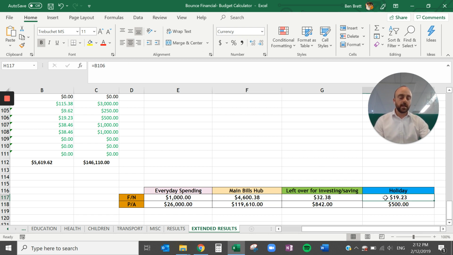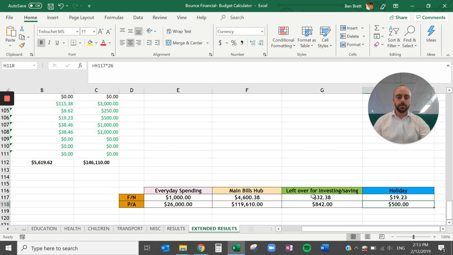We also like to recommend having a separate holiday account. Again, we had to really cut their holiday, unfortunately. This is just a random sort of approach, but it will be personalized for you. Let's assume they're putting $19 away a fortnight, so they can have $500 extra during that period, which is important to do.